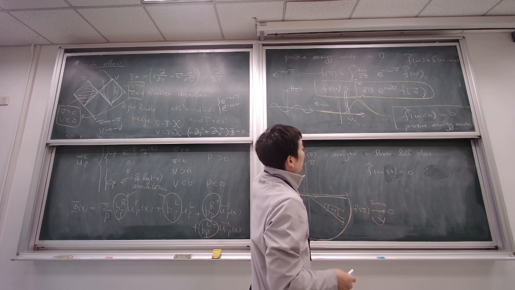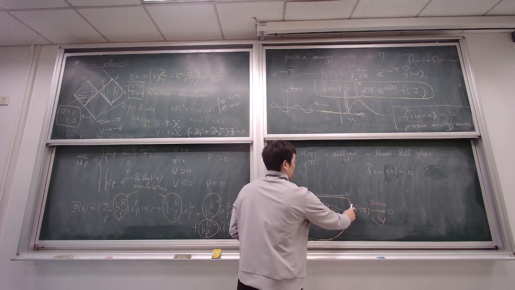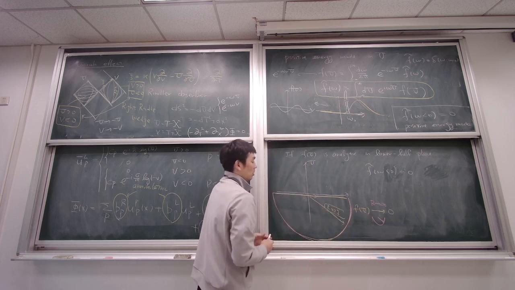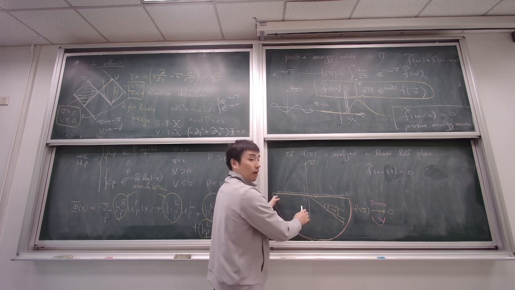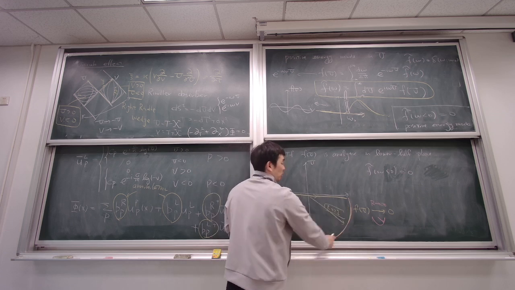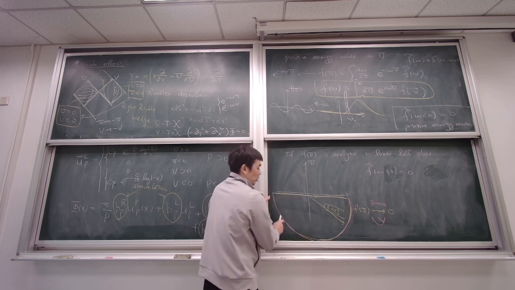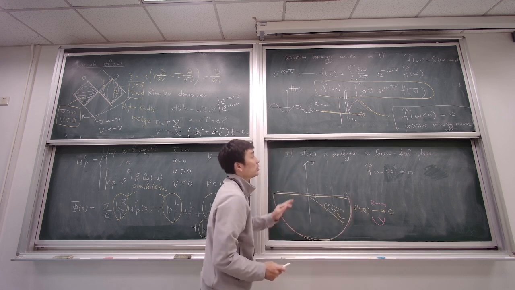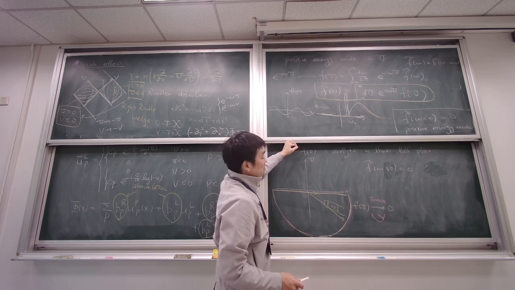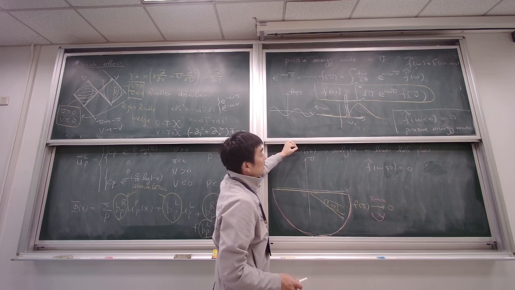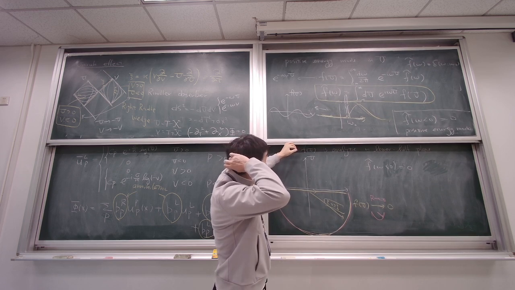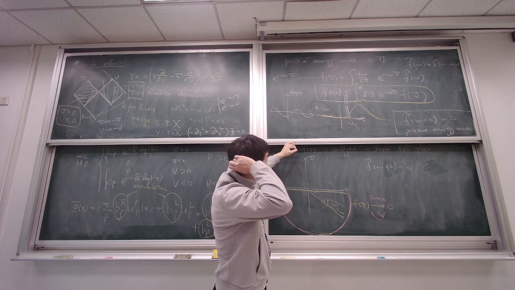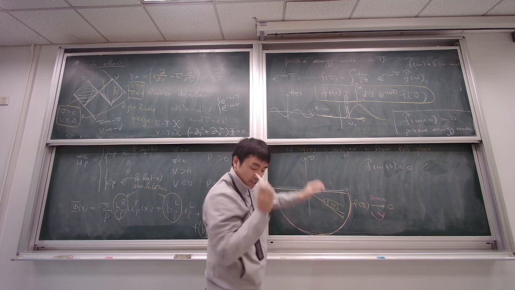So let's think about it. Here, if u is analytic here, and you do the contour integral of this one, there's no pole. Therefore, one can just set this equal to 0. And there's no contribution from here, f of u, when omega is negative.